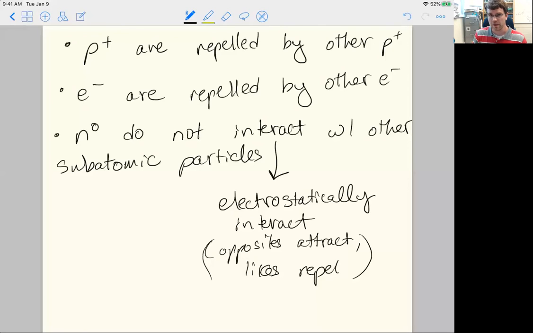But we're not going to worry about the electrostatic contribution of how a neutron is interacting in those situations, and we reflect that by saying that a neutron is defined to have zero charge. It's not repelled or attracted by other subatomic particles, whether they're protons, neutrons, or electrons.